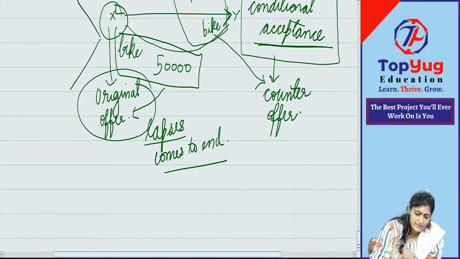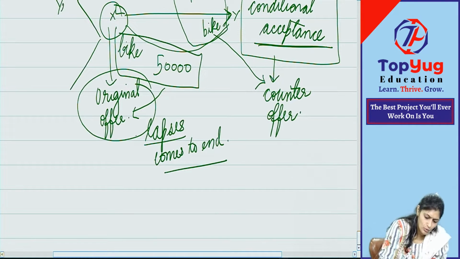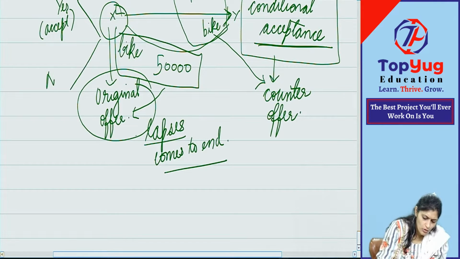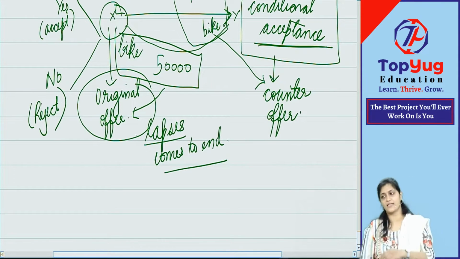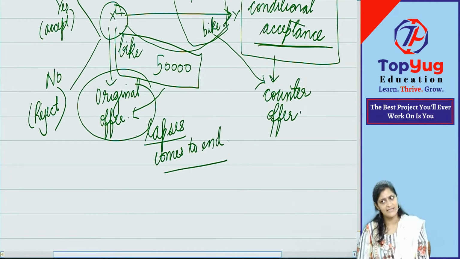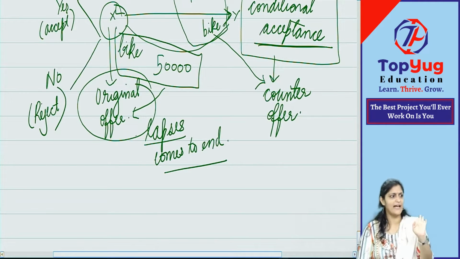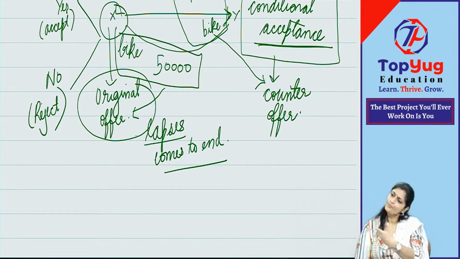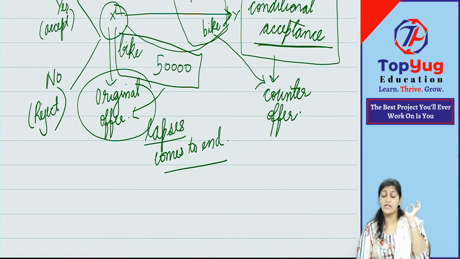Two choices are given to X: either to accept the counter offer or to reject it. Either say, yes, I will sell my bike to you at 40,000 rupees, or no, I will not sell at 40,000.